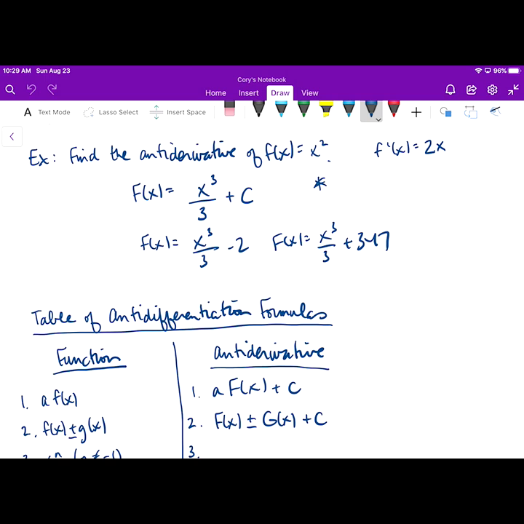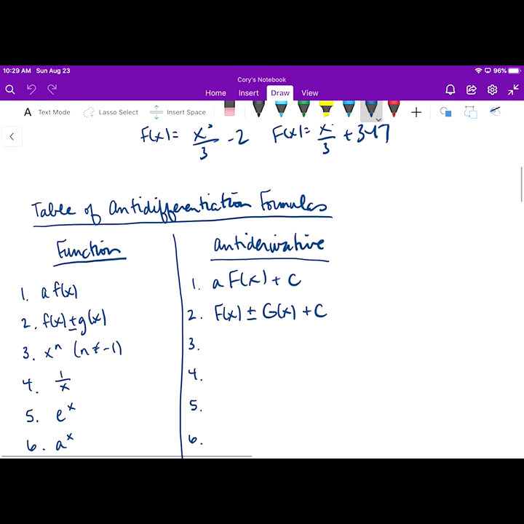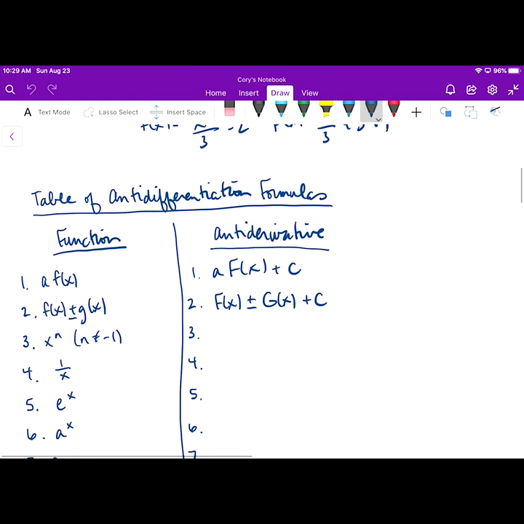We can actually generalize that formula. When we have a function x raised to the n power, where n does not equal -1, the antiderivative of that is going to be x raised to the n plus 1 power divided by n plus 1, and then to that we add our constant c. So that's going to be your power rule for taking an antiderivative.